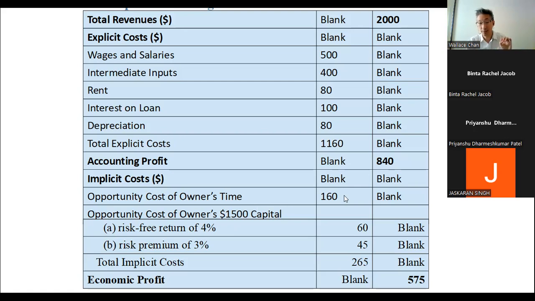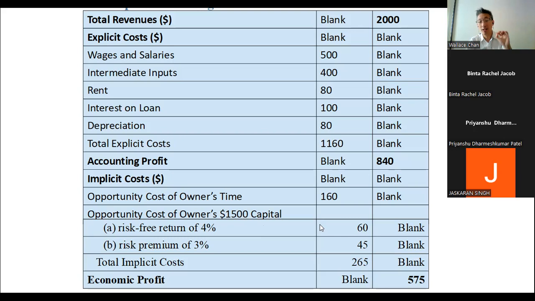Make sense? How about the opportunity cost of the owner's $1,500 capital? Instead of using the $1,500 for the business, the owner can put it into a bank, or purchase some kind of investment that can generate some income. But instead, the owner has chosen to use this $1,500 for the business.